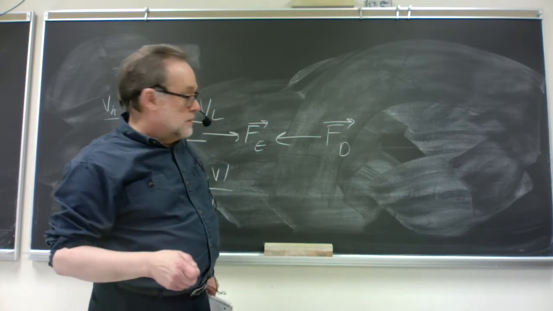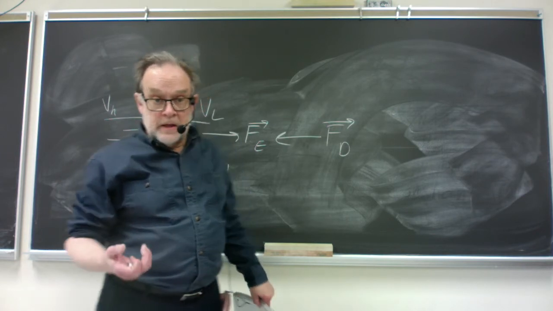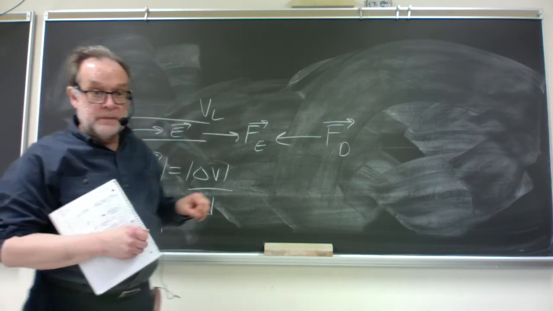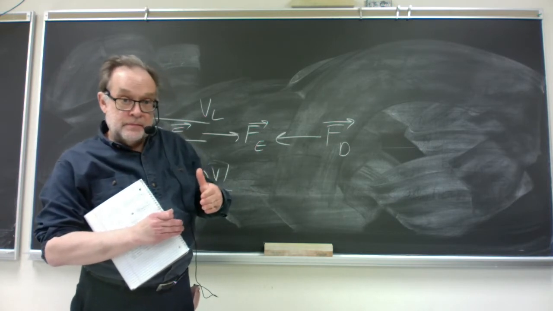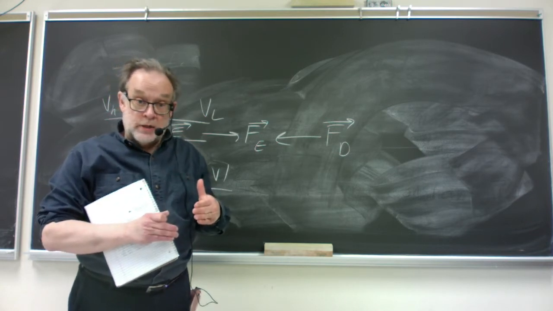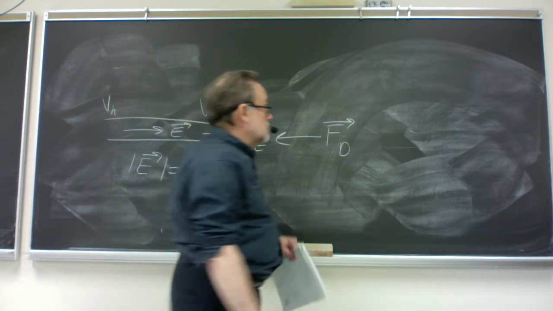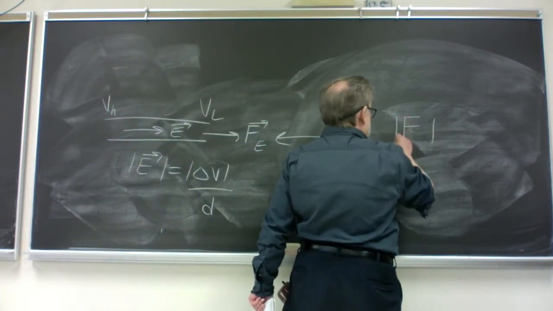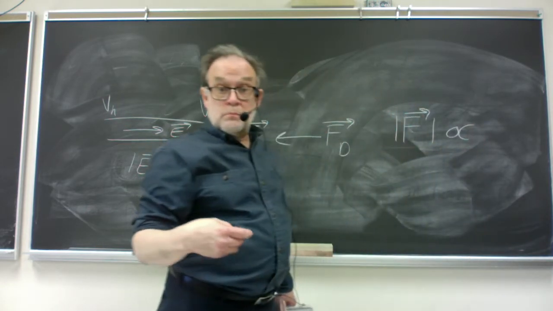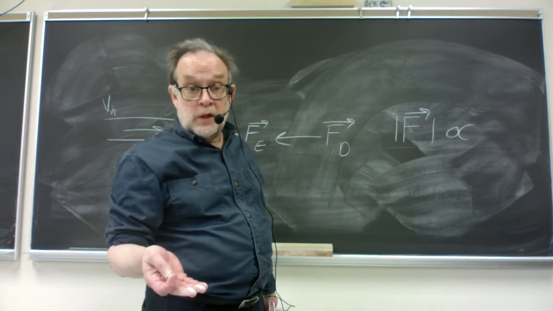So at the instant you turn on the electric field, that is, the instant you turn on the potential difference that creates the electric field, the particles that will form the current are just sitting around at zero velocity, and at zero velocity there's no drag force, because the magnitude of the drag force is directly proportional to some power of the velocity.